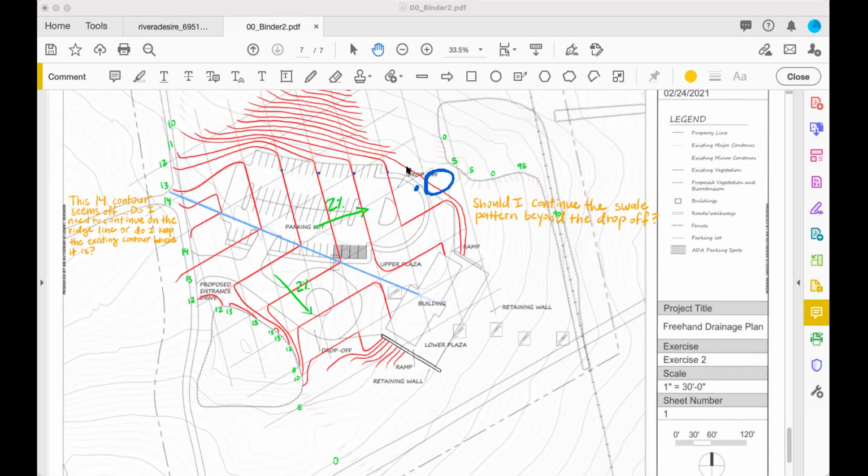Oh, there's something off there. That's 12. Okay. 10, 9, 8. Yeah, you would need more contour change in this area, and we're keeping the 5. So you need to close the 5. Oh no, not yet, not yet.